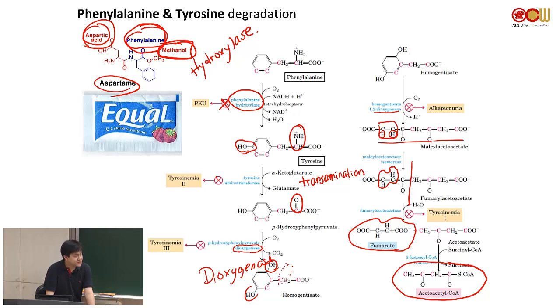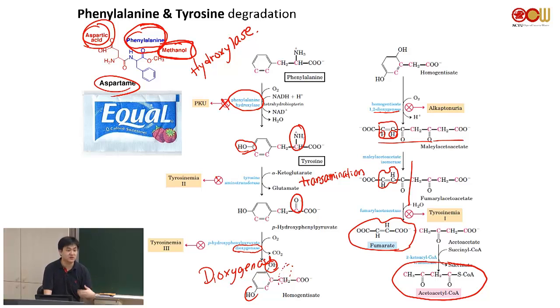Now, in particular, a group of people are not suitable to take aspartame. These people have genetic defects in the degradation of phenylalanine and tyrosine. If they eat the sugar substitute, it gets hydrolyzed into aspartate, phenylalanine and methanol, and you cannot degrade the phenylalanine.